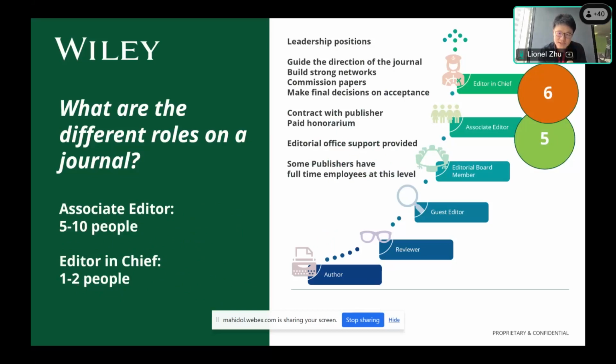Regarding the editor-in-chief and associate editor, I listed them here because they are the people mostly in charge of a journal. They make triage or final decisions, and you need to know whom to email. If it's anything peer review related, you need to find the exact person, either the associate editor or the editor-in-chief. If it's not peer review related, you can email the editorial office directly.